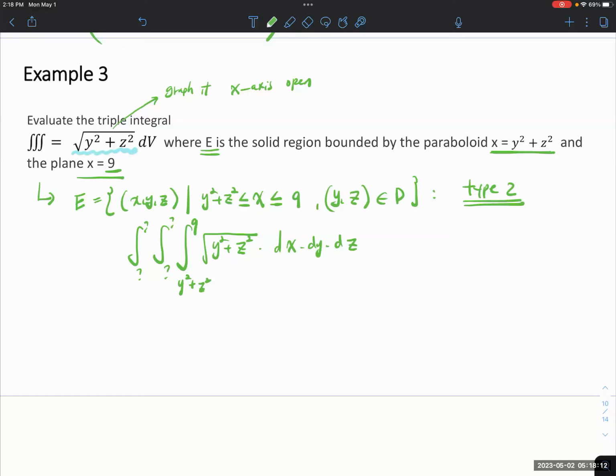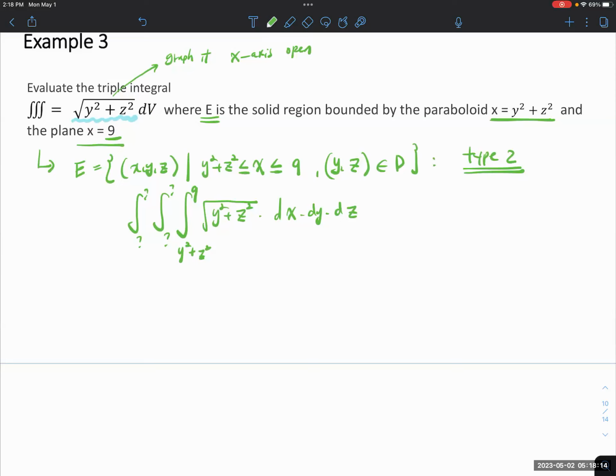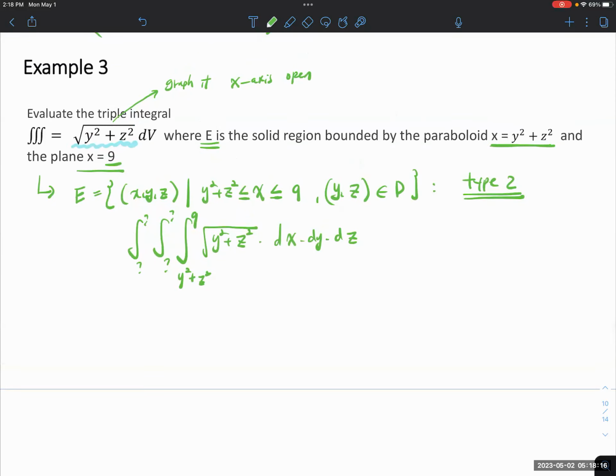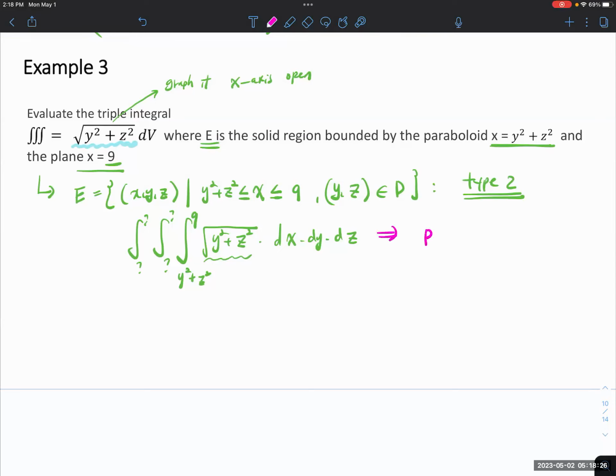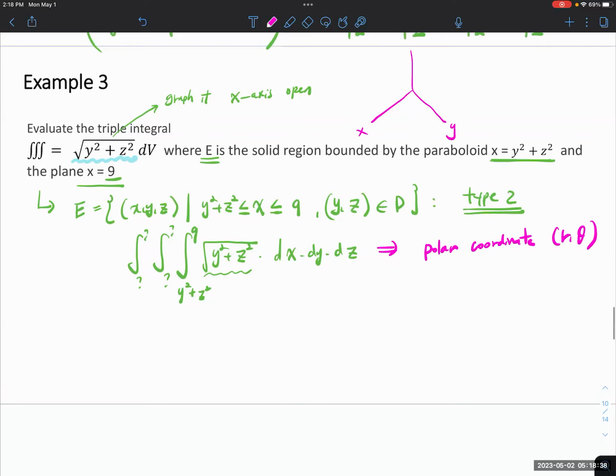First of all, it's hard to solve for what y and what z are. So due to this complicated function, why don't we convert this to the polar coordinate system, r and theta? And then this is the xyz, and x is open.